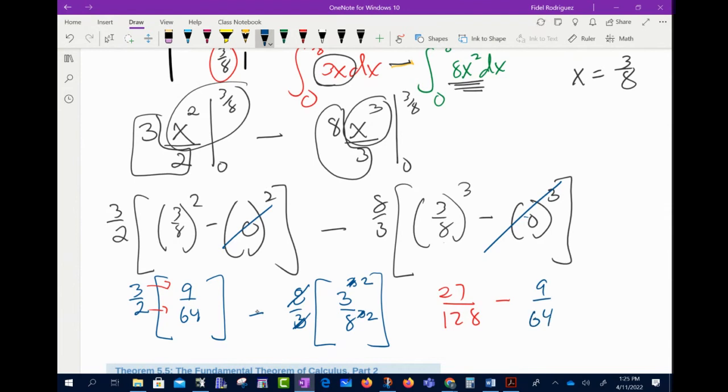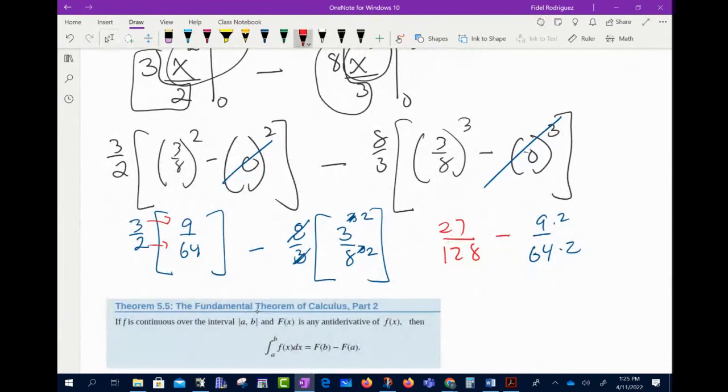Okay. And can I multiply them both by 2 so I can get a common denominator here? And so that's going to leave me with 27 over 128 minus 18 over 128, which should be 9 over 128.